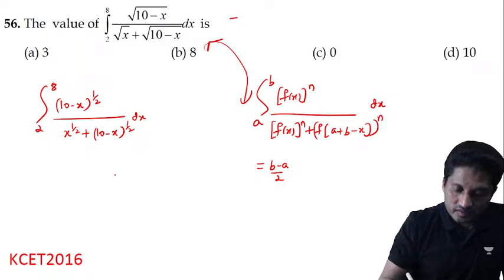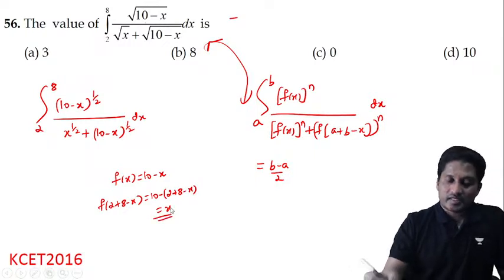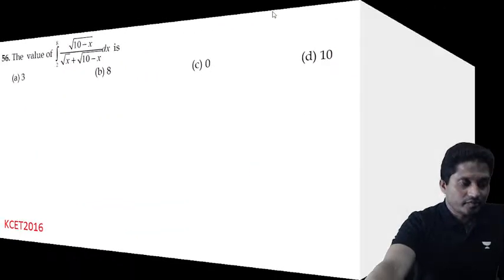If I compare, f of x is equal to 10 minus x, f of lower plus upper minus x, 2 plus 8 minus x, again you will get f of x only. Change x to lower plus upper minus x. If you open the bracket, you will get x only. Answer is b minus a by 2, 8 minus 2 divided by 2. Answer is 3. Right? Let's move to the next question.